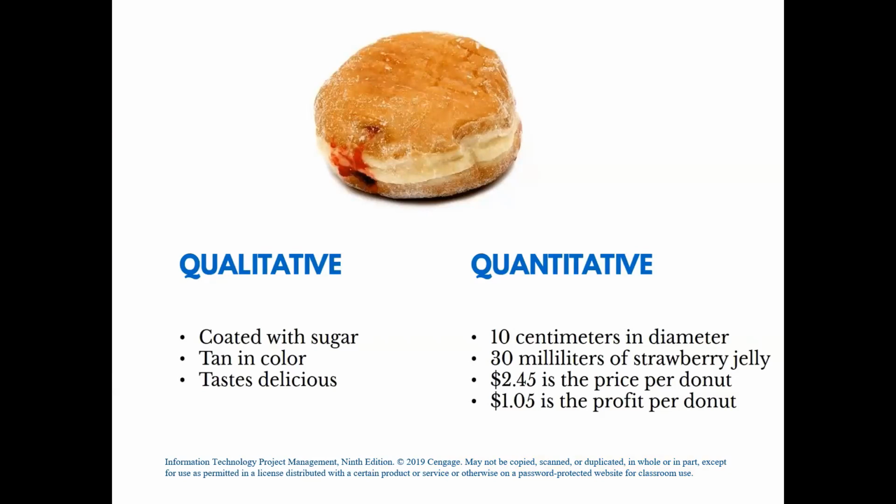Qualitative risk analysis is subjective, as I told you, and it is based on the person's perception or judgment. For example, someone says it tastes delicious, someone else says it's very delicious, it's awesome, or maybe someone says it's just okay.